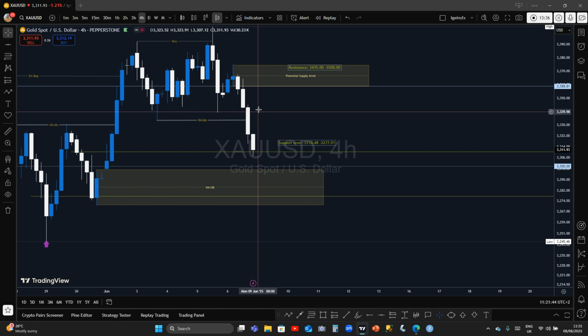If price rejects from here, guys, that means it's going to push to the upside to this supply level before there will be another reaction to see if price will dish out a buy or a sell. If price should dish out a sell, that means we are coming to retest this 3300, or any push below this 3300 means we are coming down to retest this level here, guys.